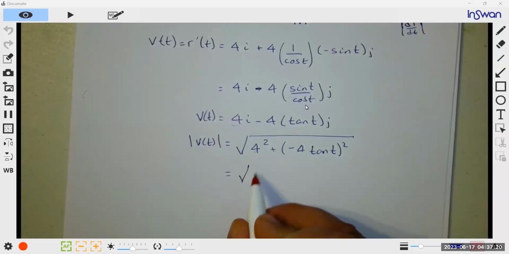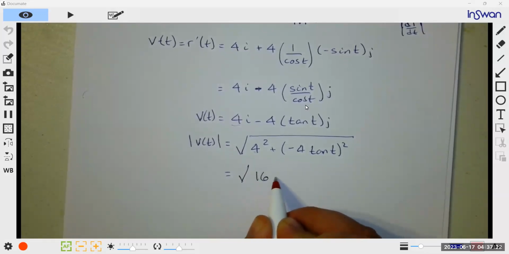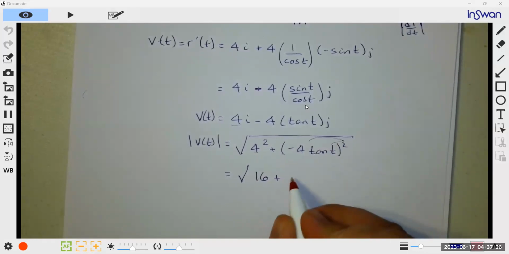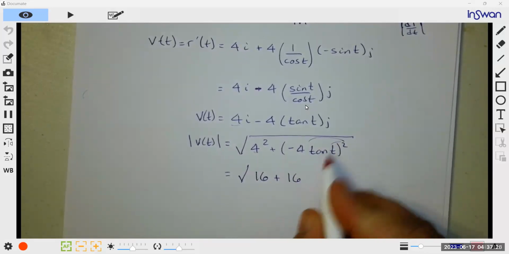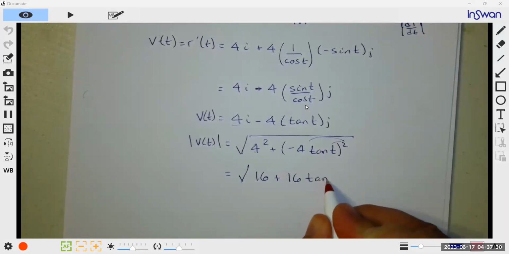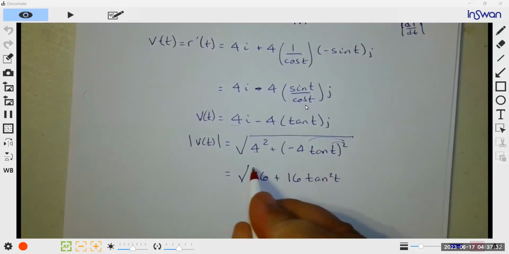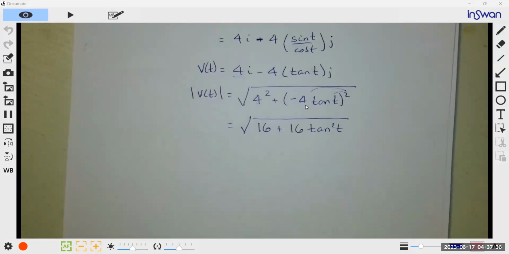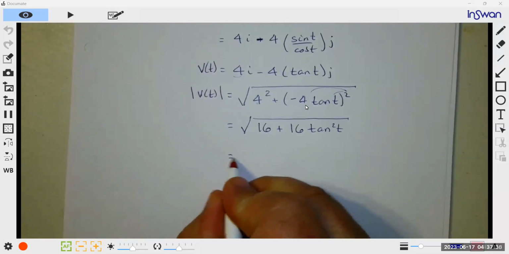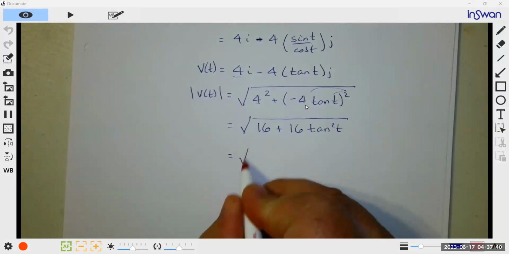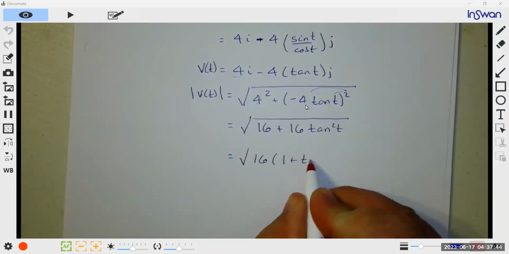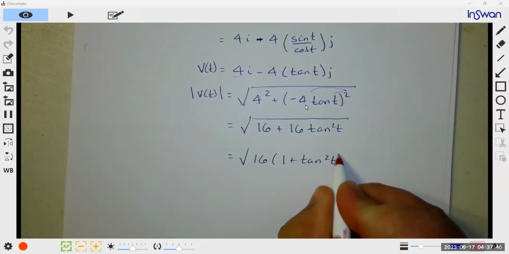So that equals 16 plus 16 tangent squared t. They both have 16, so we could factor out a 16, leaving us with 1 plus tangent squared t.